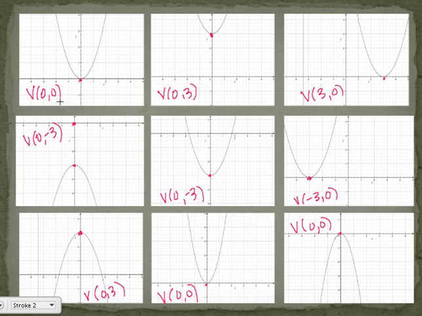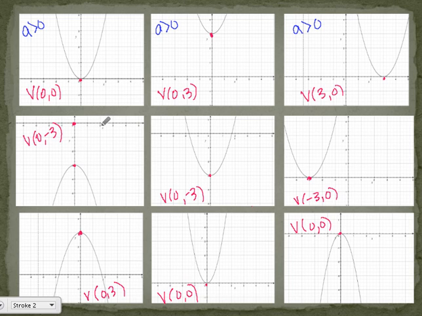In the first example, a would be positive. a is greater than 0. How do I know? My parabola opens up. Here's my first example of where my parabola opens down.